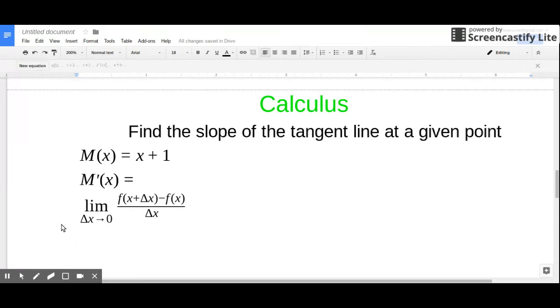Okay, so the first thing we're going to want to do here is find this guy right here, f of x plus delta x. Let me go ahead and highlight this. Oh, that's right, it doesn't let me do that. Let me try it anyway. Maybe it will. It did. Okay.